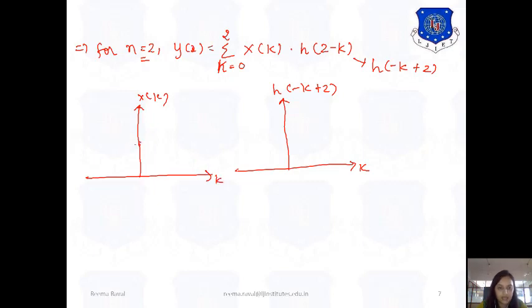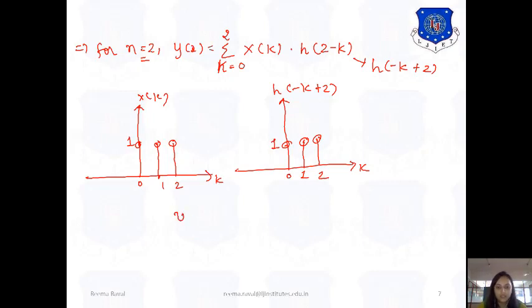So x of k remains the same, 1, 1, 1 for the instants 0, 1 and 2, and here it will be at the instants 0, 1 and 2, right, with the value 1.